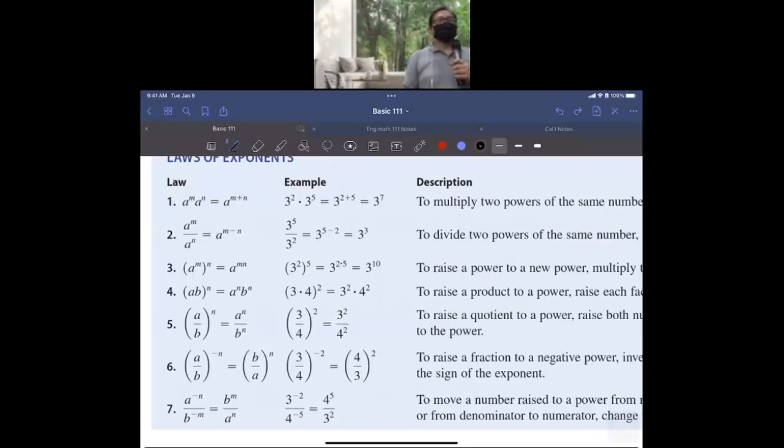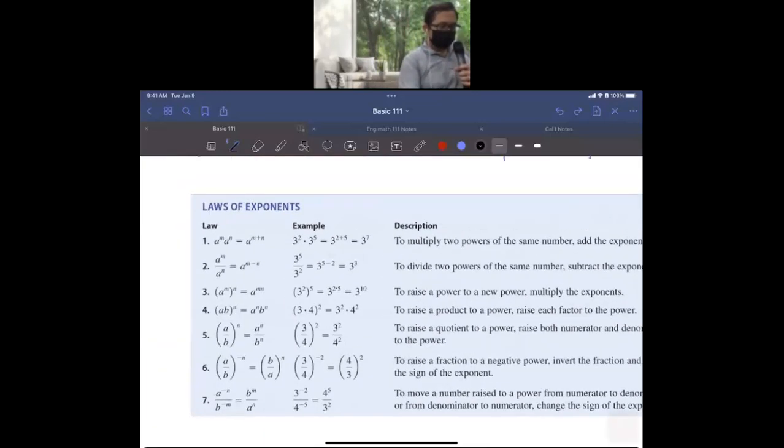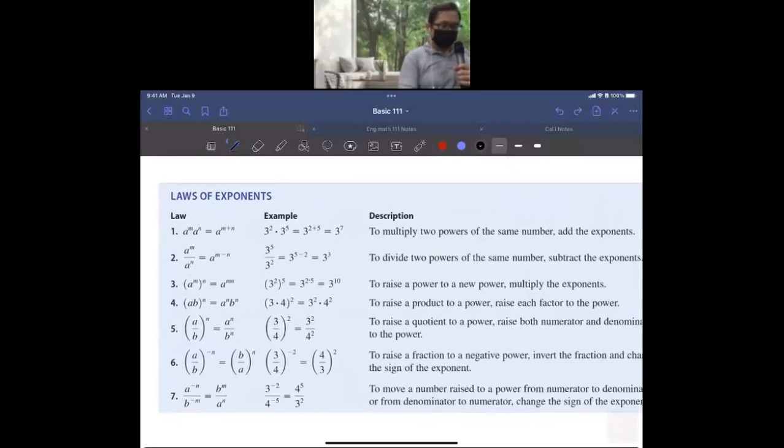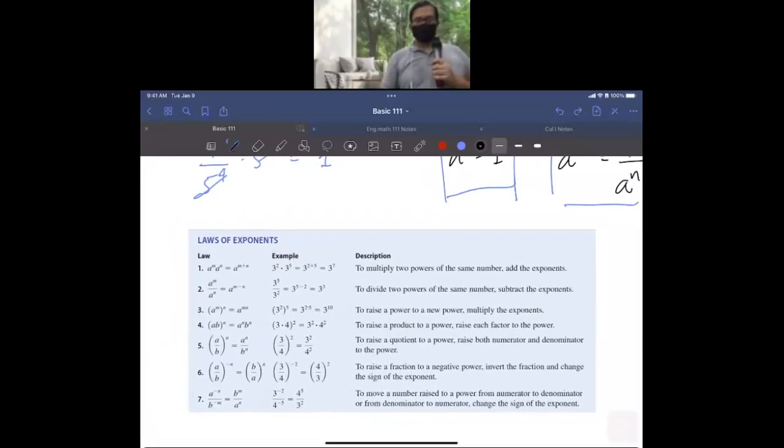I need you to dig into all this stuff by yourself. I think it's still familiar, right? Just a quick review. Okay, I think I can go to the next page. I just want to have a quick review.